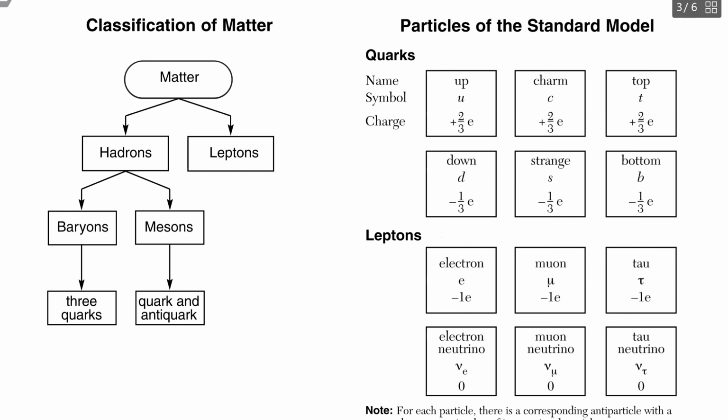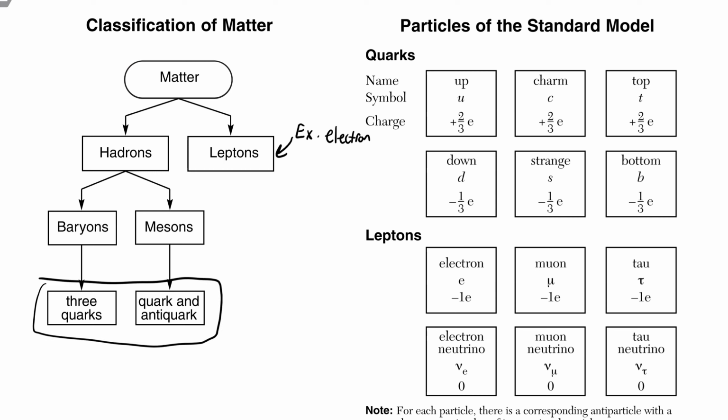So leptons, for example, would be an electron. The hadrons are different from the leptons because they can be broken down into either 3 quarks or a quark and an antiquark. The leptons don't break down into quarks. That's what it is. The base unit is the electron there. You can't break down the electron any more.